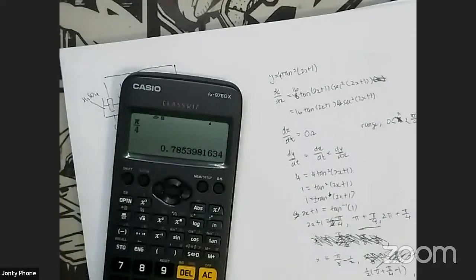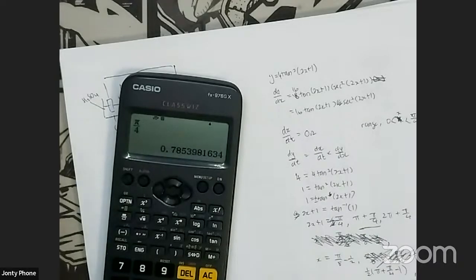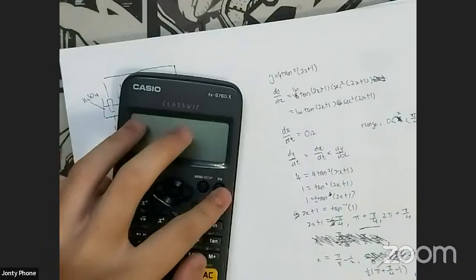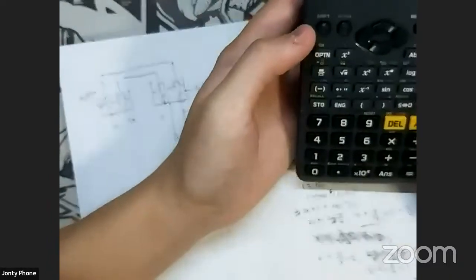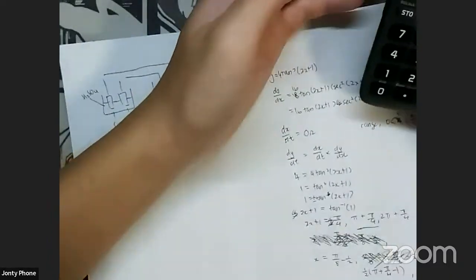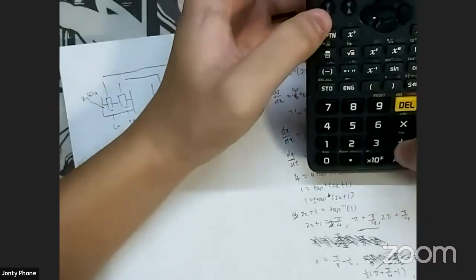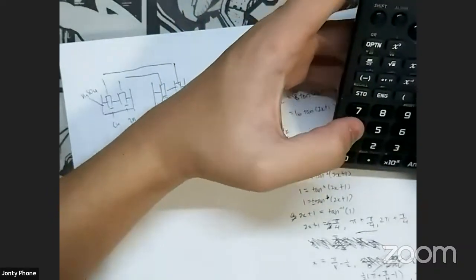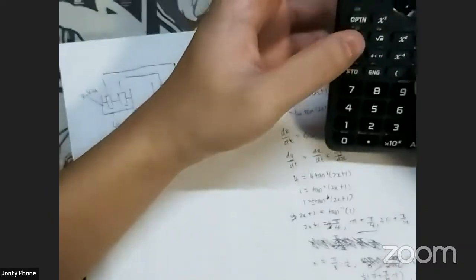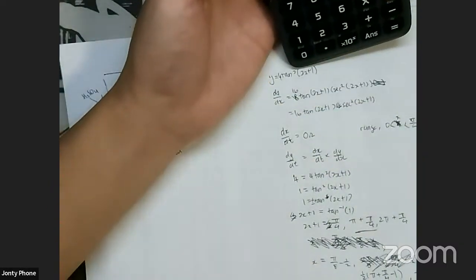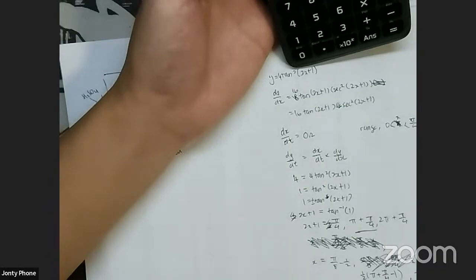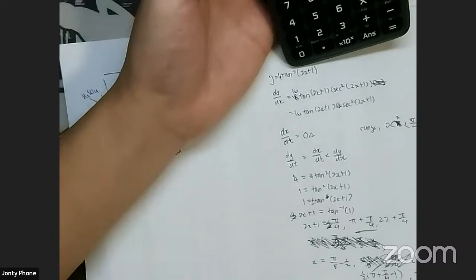Pi plus pi over 4 minus 1, divided by half. That's what you sub in. Half of pi plus pi over 4 minus 1.